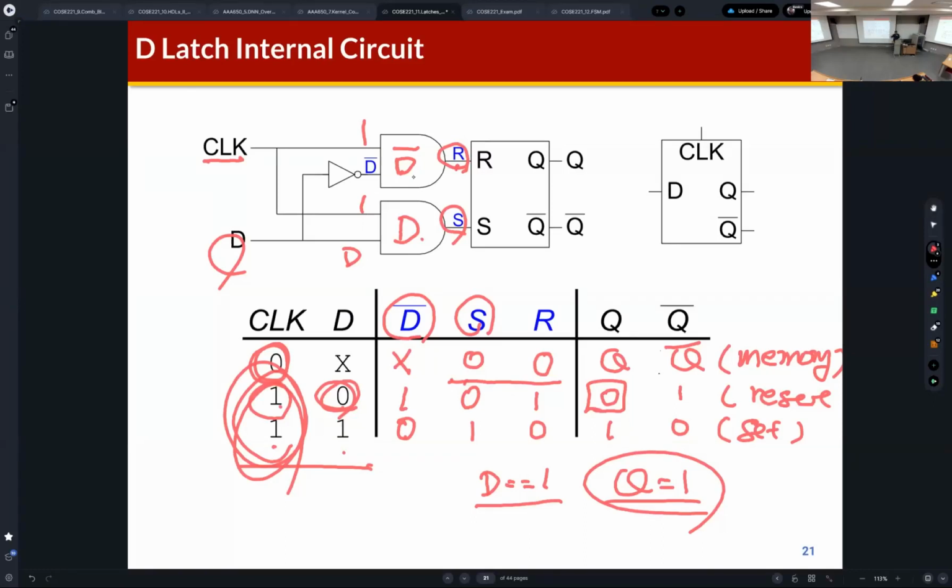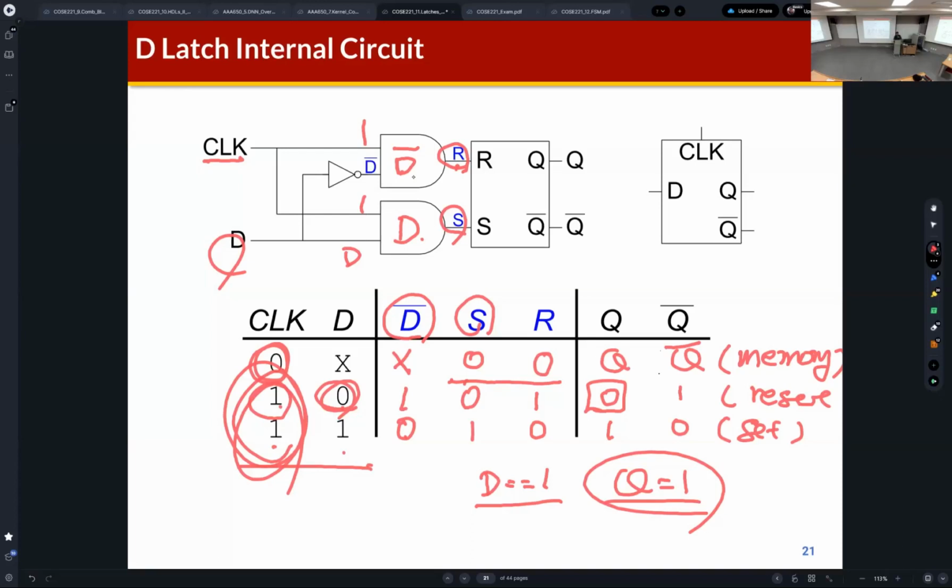In an SR latch, we can control the output value Q using the R input and the S input. So which means that we can just control Q using D. And the clock signal is also one of the inputs. Because it is an AND gate, we can control the enable or disable of this circuit using the clock signal.